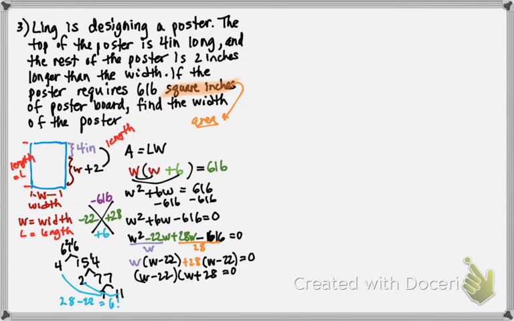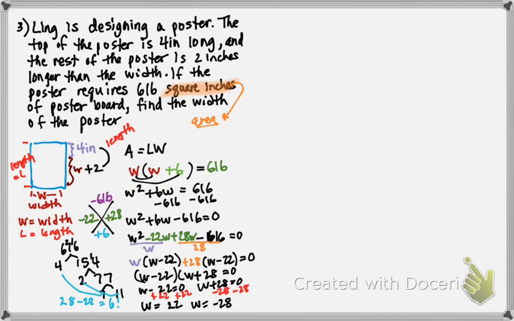We're going to set each one of those equal to 0 and solve. So I add 22 to both sides here, subtract 28 from both sides here, and I get W equals 22 and W equals negative 28.